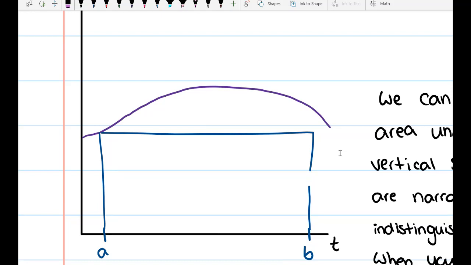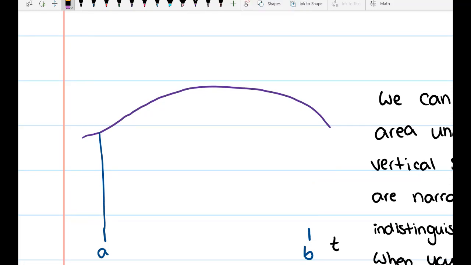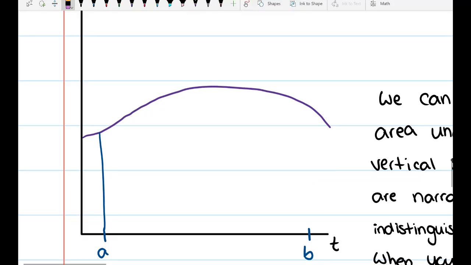So what we're going to do then is split up this interval into tiny intervals, as shown here.